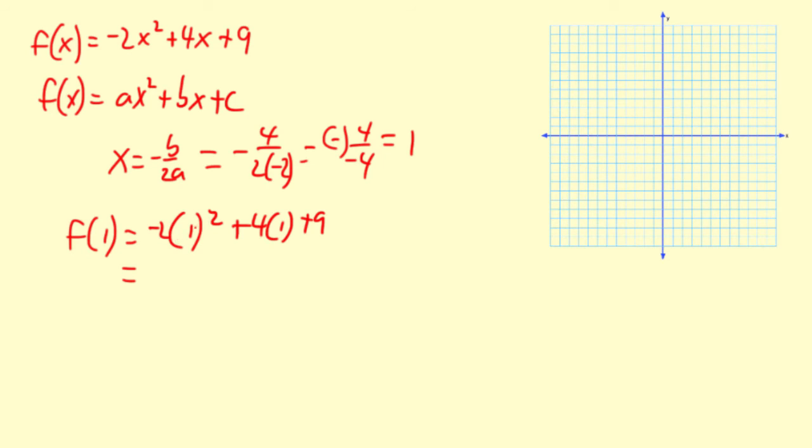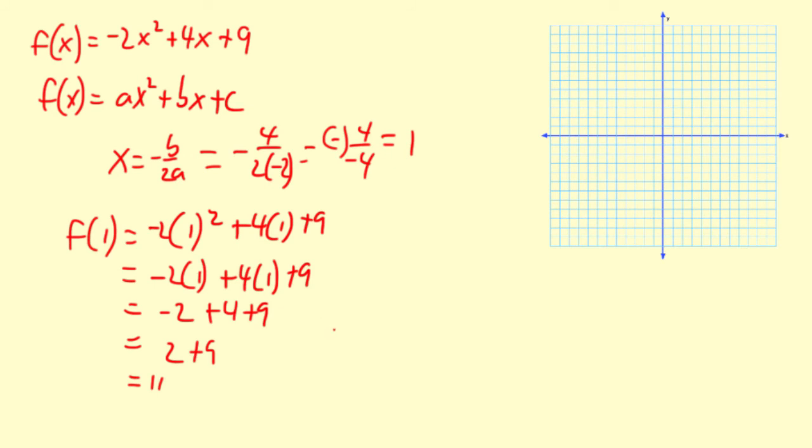So 1 squared is simply 1, so it's negative 2 times 1 plus 4 times 1 plus 9. Negative 2 times 1 is negative 2, 4 times 1 is 4, so plus 4, and then plus 9 equals negative 2 plus 4 is 2, and then plus 9 equals 11. Okay, that means my vertex is at the coordinate 1, 11. Okay, so right 1 and then up 11.